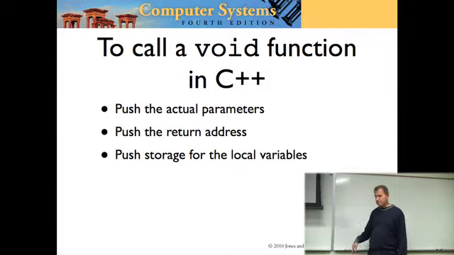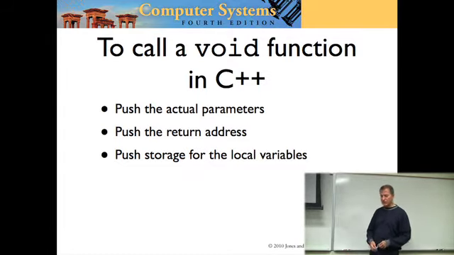When you get to the end of the function, it has to deallocate its locals. And who pops the return address? The function does, because that's where the ret instruction is. And then when you get back to the main program, you have to deallocate the parameters. So who does that? The main. Okay, so here it is.